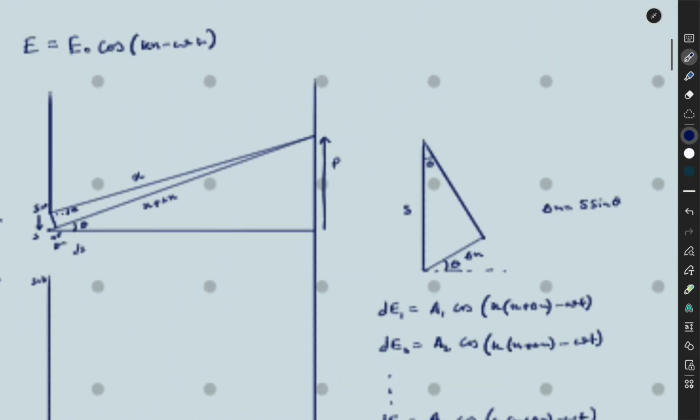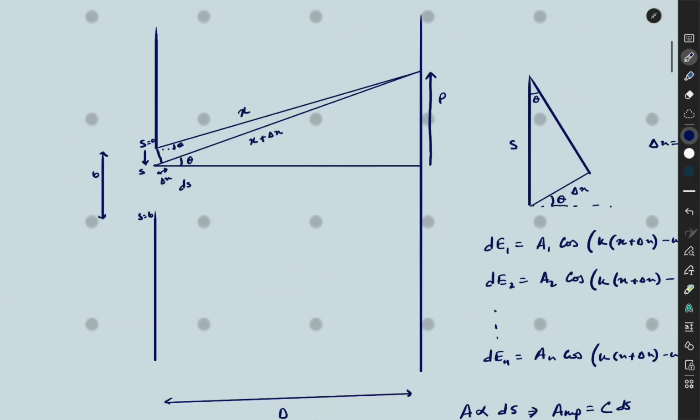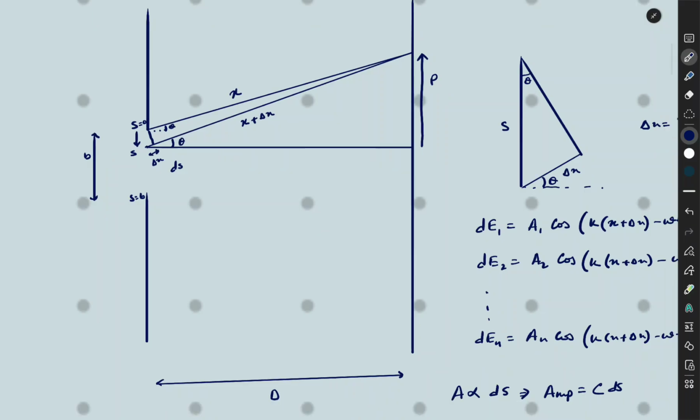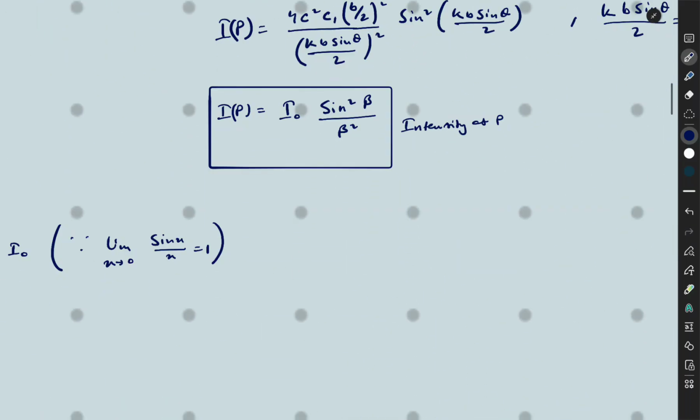That is, we took the elementary sources ds at different points at arbitrary distance s from the end of the slit, and then we integrated.